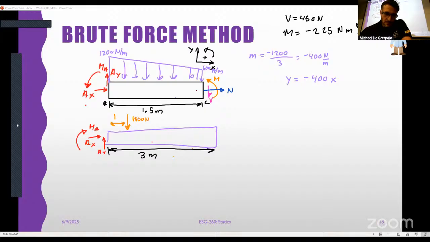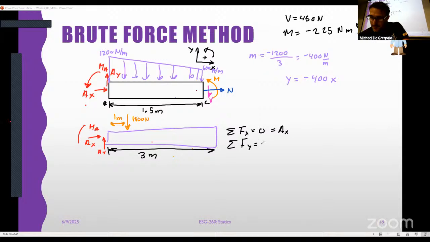It doesn't really matter, but I will adjust this one. I'd rather have it be positive when I make my assessment. All right, so if we're solving reactions, AX is 0. Does everybody see that AX is 0? I hope so.